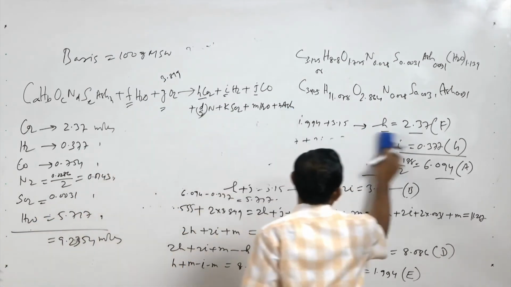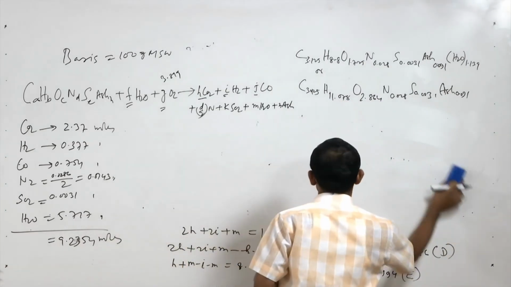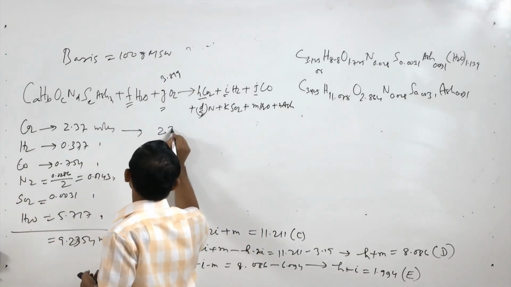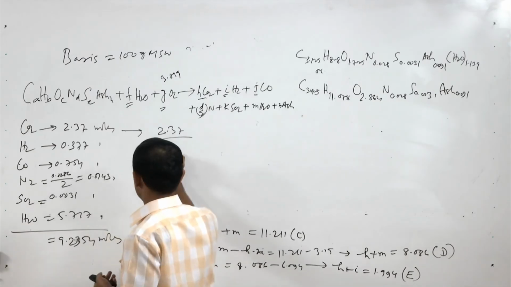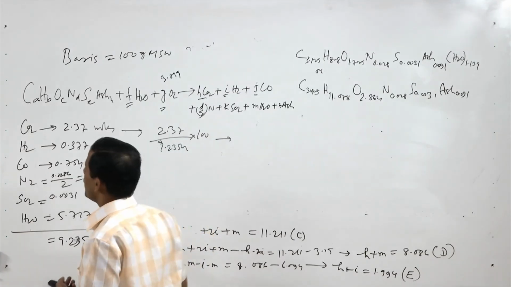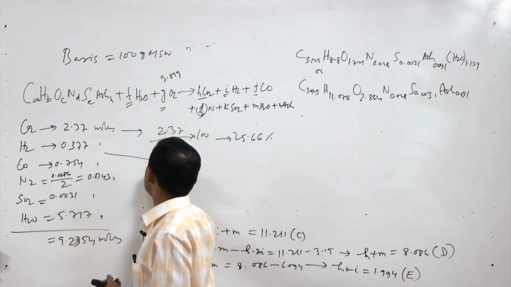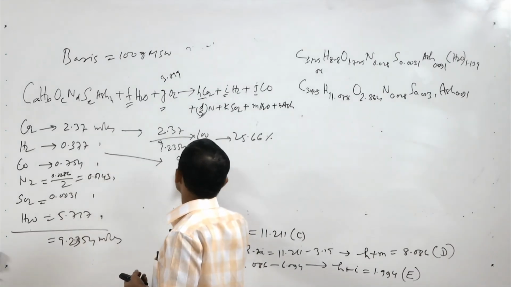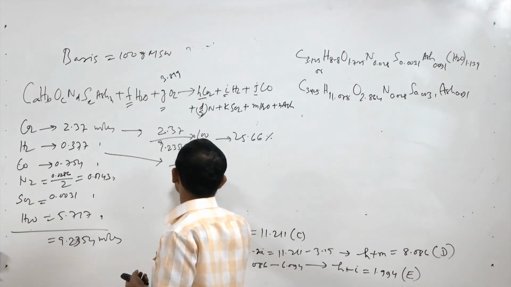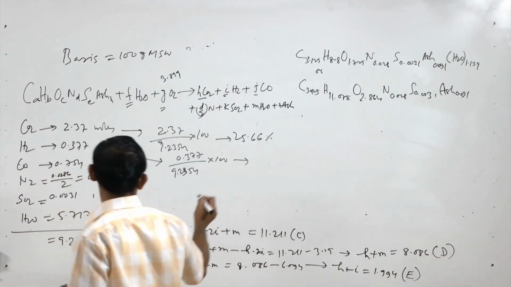So the percentage of CO2 is 2.37 divided by 9.2354 into 100. So it is giving us 25.66%. Similarly for hydrogen, it is coming 0.377 divided by 9.2354 into 100. So it is giving us 4.1%.